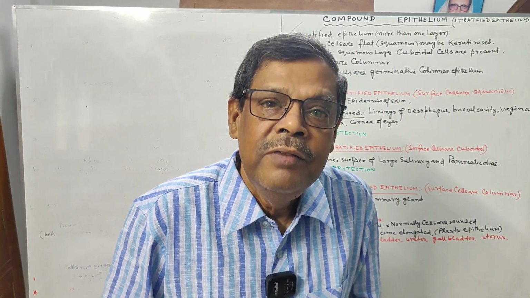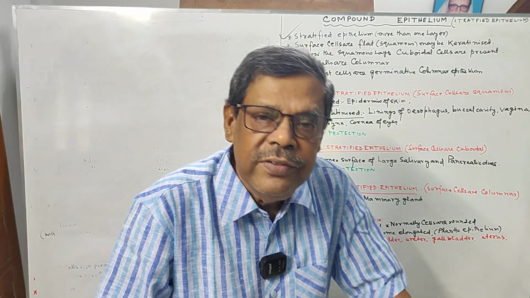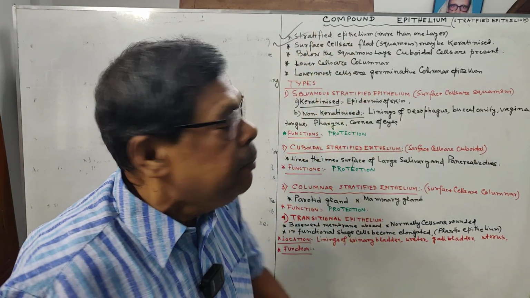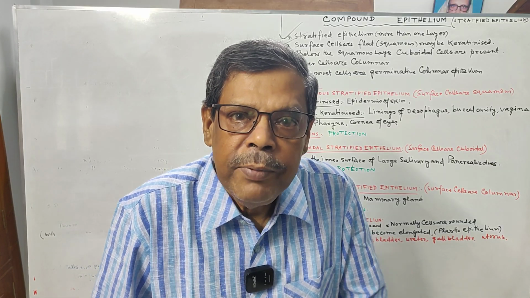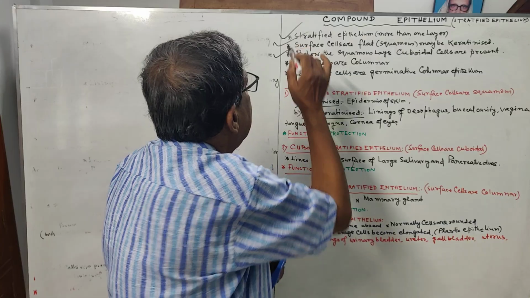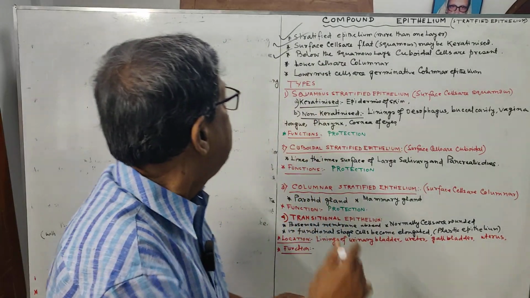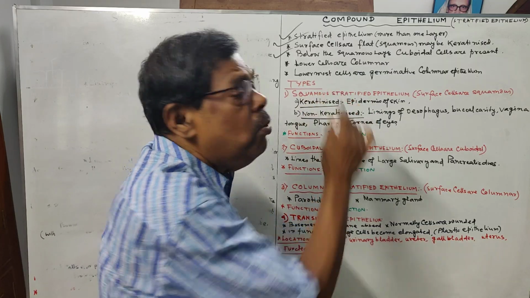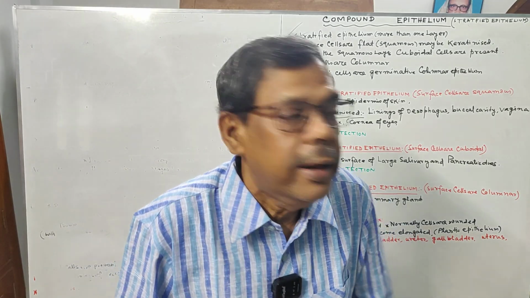Surface cells are platelike or squamous, and may be keratinized or non-keratinized. Third, below the squamous layer, cells are present which are cuboidal. Next, lower cells are columnar. Next, the lowermost cells are germinative columnar epithelium.